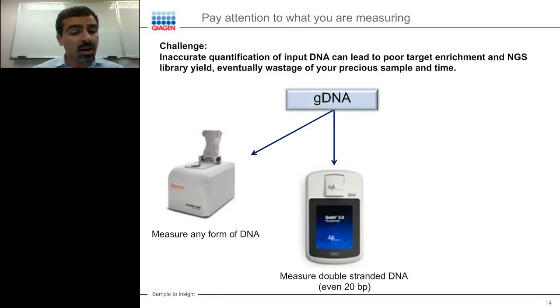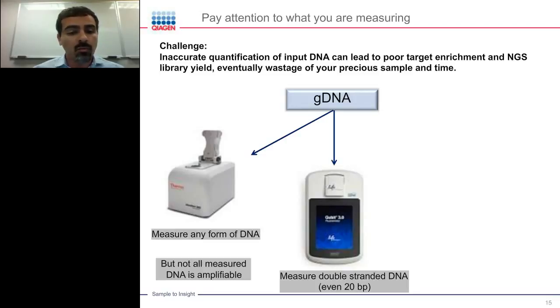Now, while these are very helpful for specific samples, the quantification by these methods can be a major challenge, simply because what you are measuring is bulk amounts of DNA. You're not measuring the amplifiable amounts of DNA that are present in your samples. You're just basically taking a look at every single form of DNA that exists in these samples.